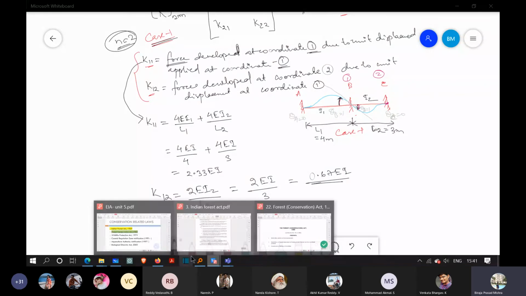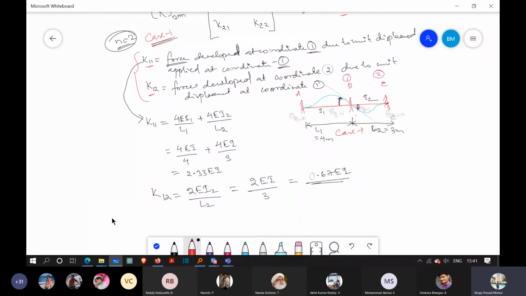Now the next step is case 2. Here we can write, case 1 is apply unit rotation at coordinate 1.